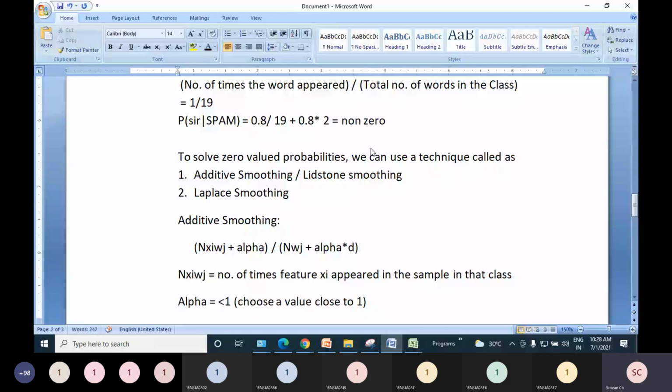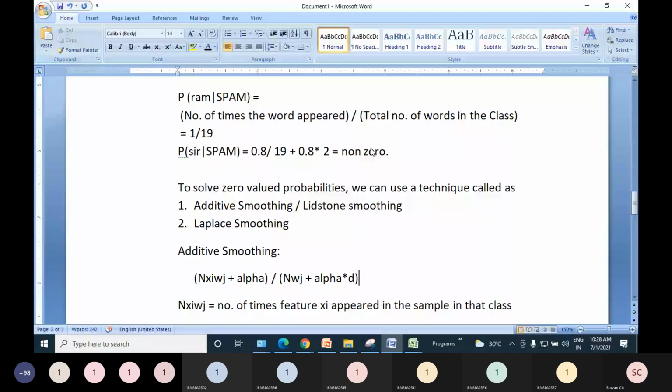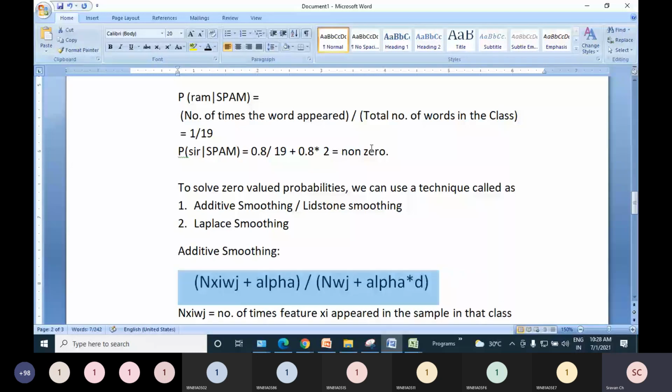So friends, did you understand additive smoothing? Please let me know, is this particular formula clear or not? Because we were getting zeros, and if we get zeros, obviously it will be a problem.